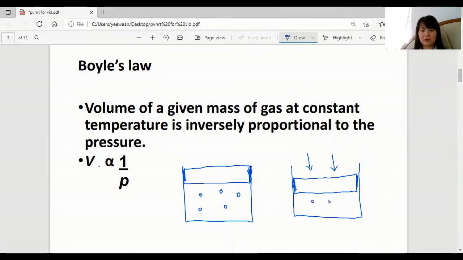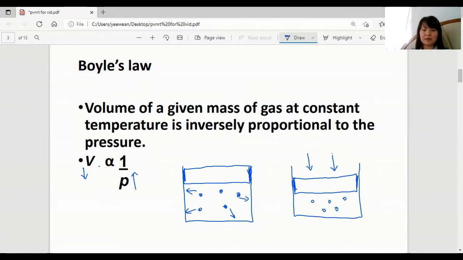The volume will decrease when I push this down. At first these molecules bounce and move around randomly in this larger space, so they exert some pressure on the wall of the container.